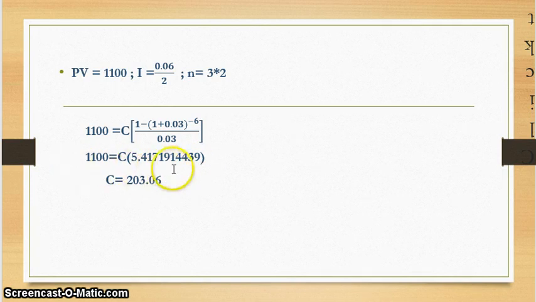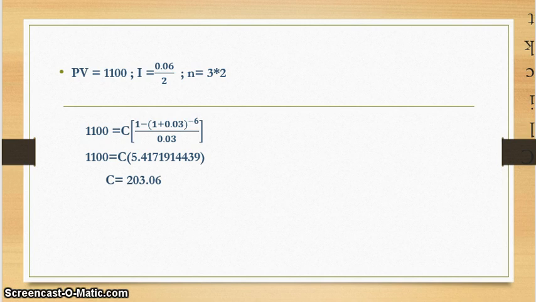Then you divide 1100 by this figure, you must get 203.06. So every 6 months you are going to be paying $203.06.